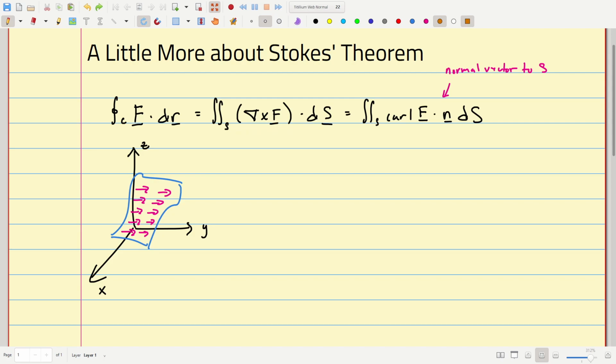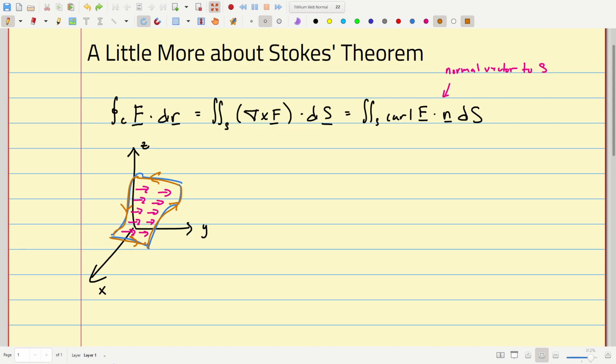So the idea is that if we are moving in a positive orientation along the boundary, the thing that we're integrating is this dot product. This thing is also a dot product, as we're aware, right?